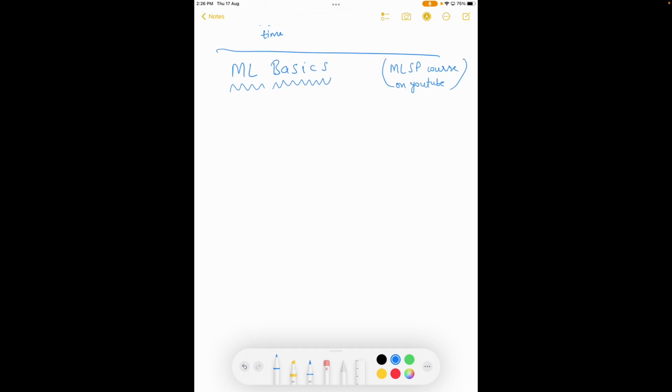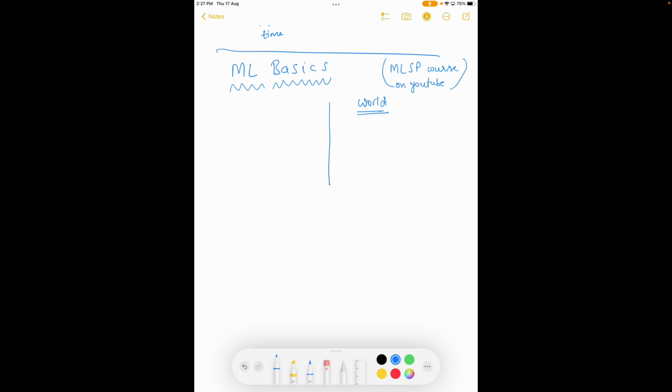Okay, so before we start machine learning basics, let's understand why we are doing machine learning. I divide the whole thing into two paradigms or two parts. One is called the world, where things are happening.